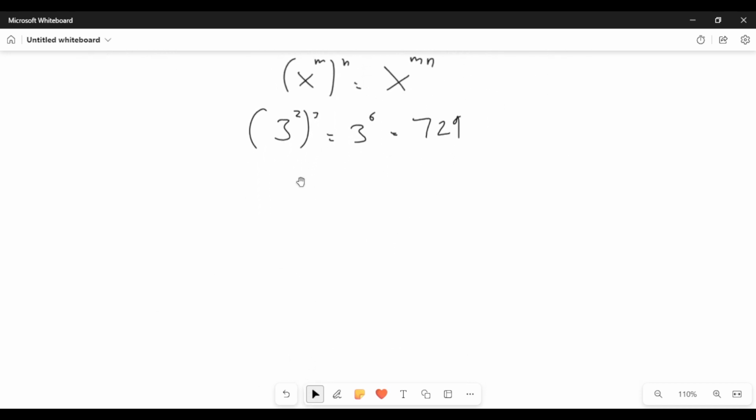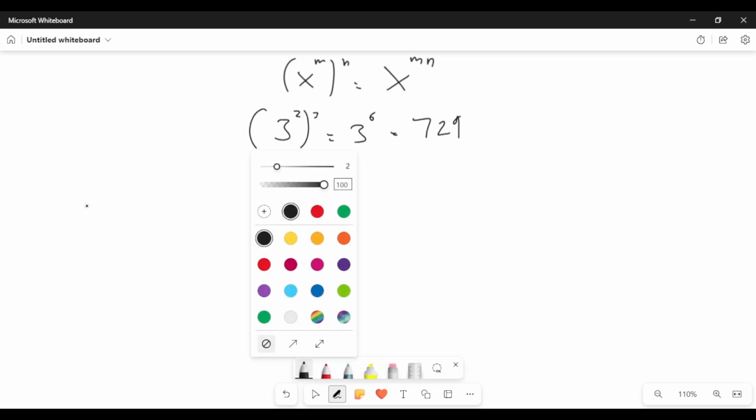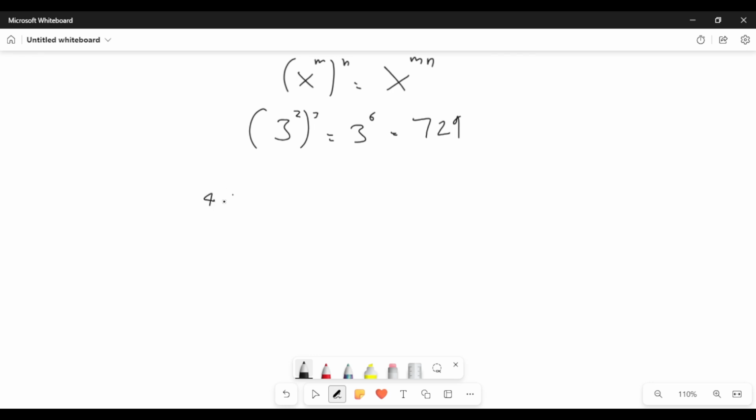The fourth rule we call the distributive law. Here, when we have (xy) raised to the power of m, this exponent m belongs to both variables x and y.